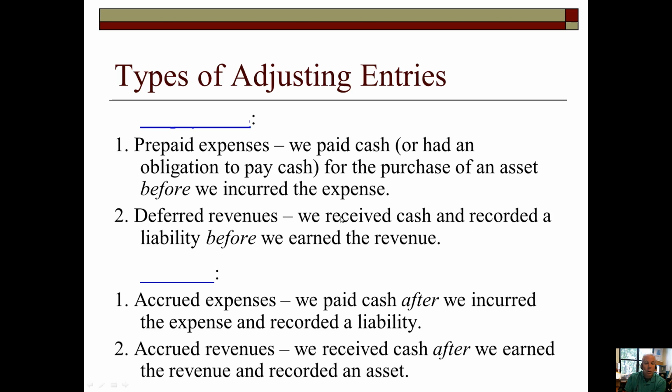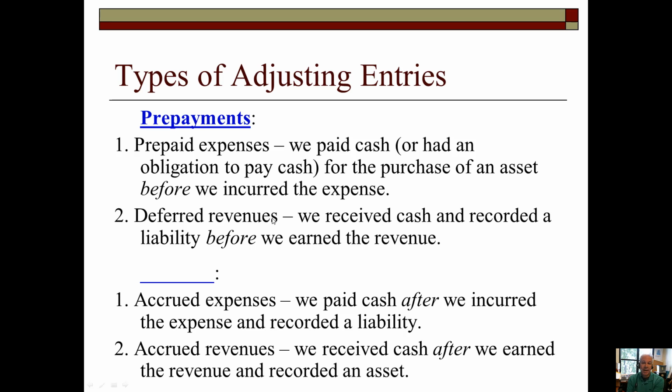The first bucket is called prepayments. The two flavors of prepayments are prepaid expenses, where the company paid cash or had an obligation to pay cash for the purchase of an asset before an expense was incurred, and deferred revenues.